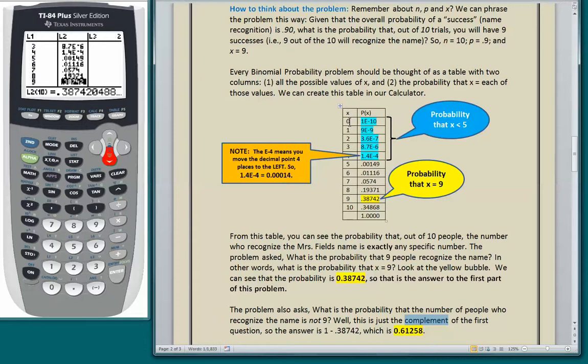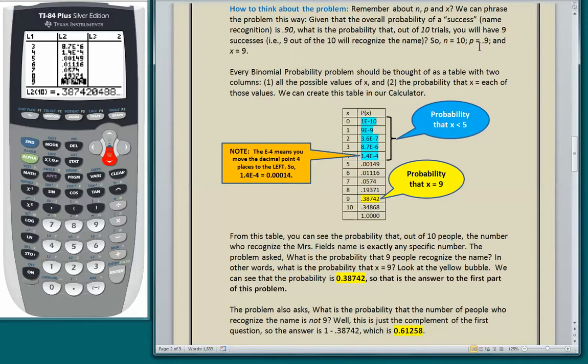That means, is it 0 or 1 or 2 or 3 or 4 or 5 or 6 or 7 or 8 or 10? What's the probability it's any of those? Well, one way to do that would be to take all of those individual probabilities and add them up. But the easier way in this case, since that's the complement of the first one, is just to subtract the first one from 1. So 1 minus 0.38742 is 0.61258.